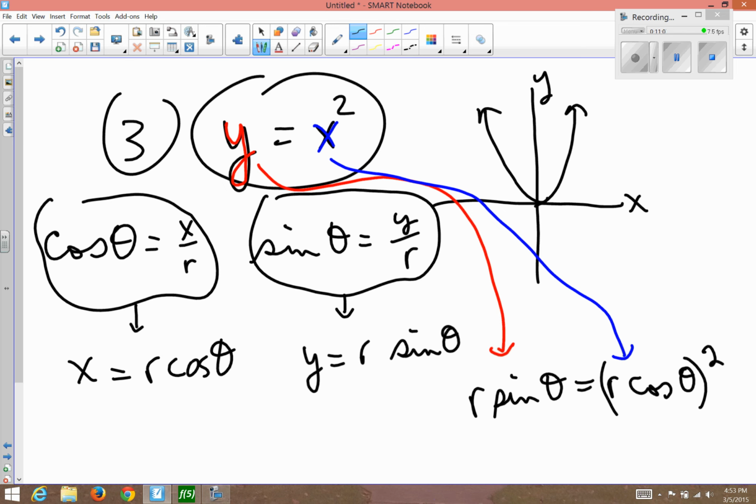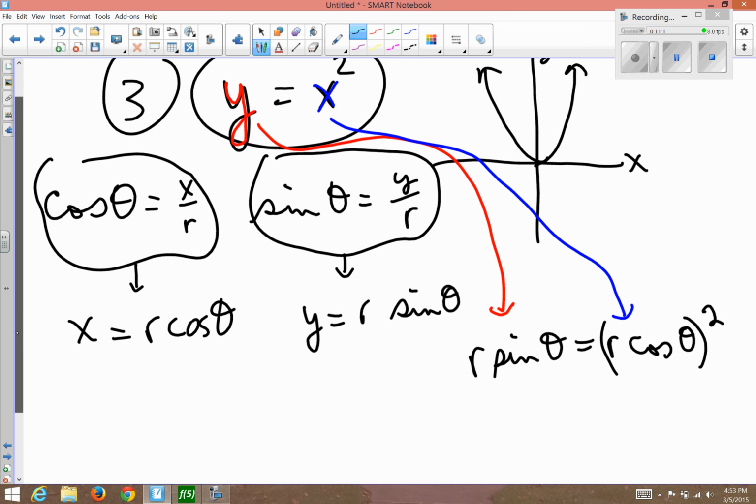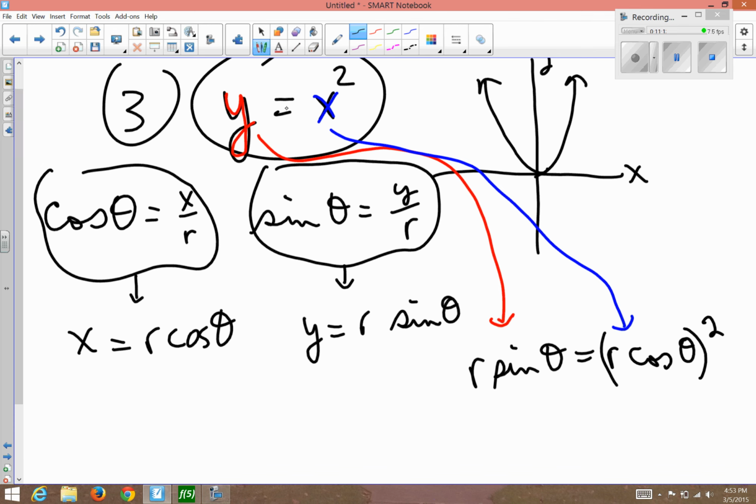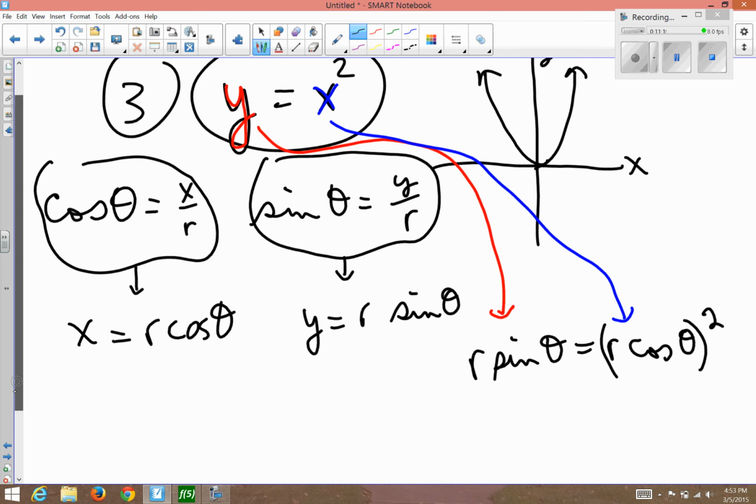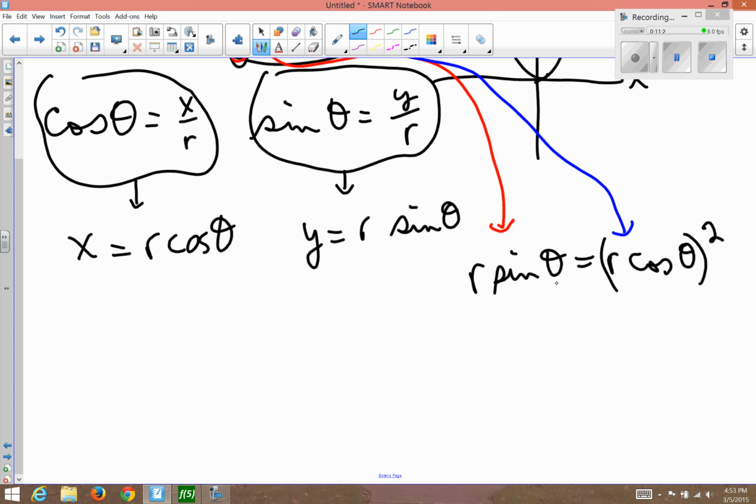We do want to be able to solve this for r, though. Here we call this y equals a function of x. We want the polar form to be r equals a function of theta. So rewrite this as r sine theta equals r squared cosine squared theta.